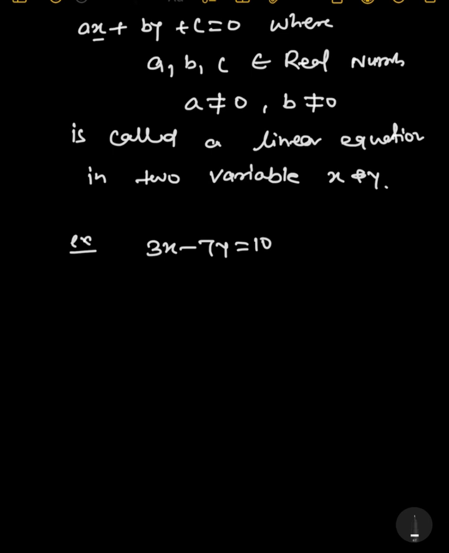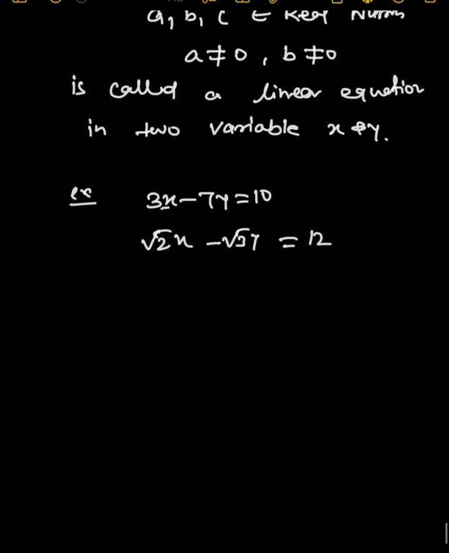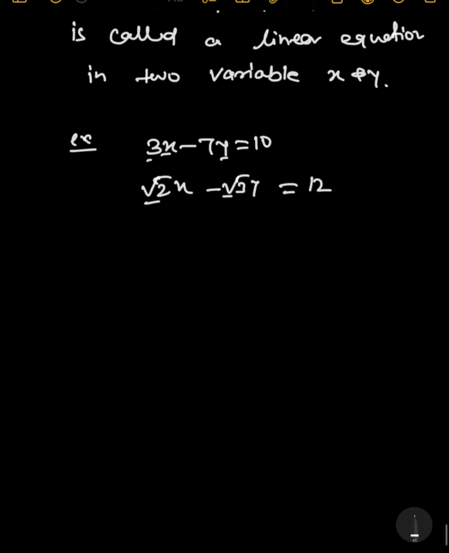Second one, root 2x minus 3y equal to 12. So what we are seeing here, x and y, these two are the variable, and remaining all the coefficients of x and y are real number. Real number means combination of rational number and irrational number.